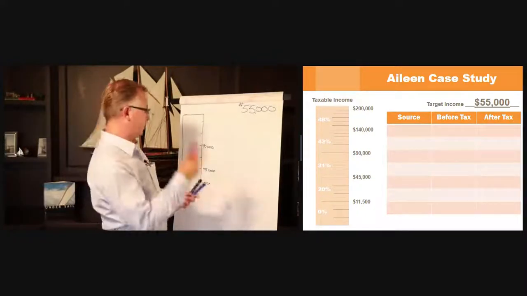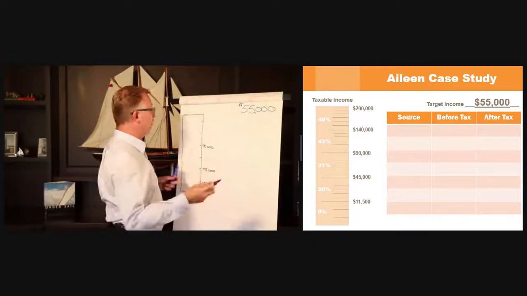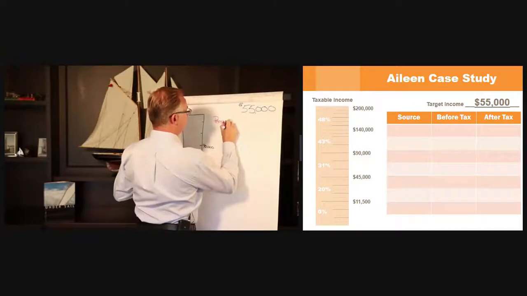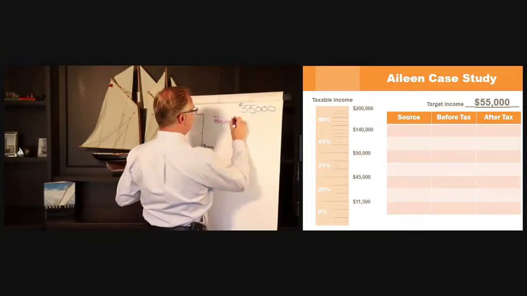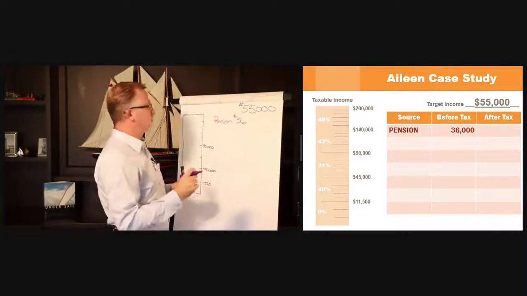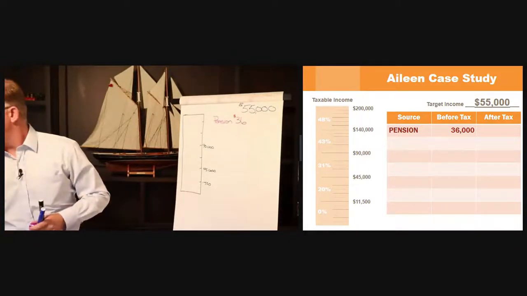Look at that. So, let's put the pension in purple. So, we've got pension. We know that that's $36,000. Right? We got that right? Yes.